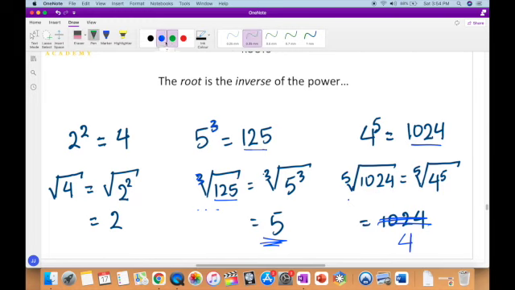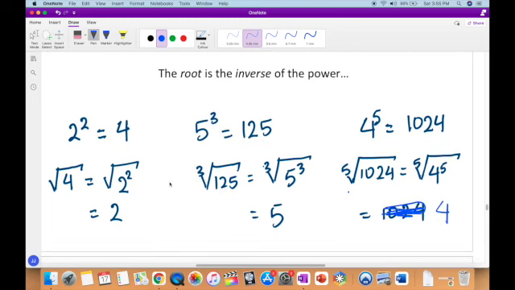Now remember, 1024 is 4 to the power of 5. So the 5th root of 1024 is really the 5th root of 4 to the power of 5. So you can see that the root and the power will cancel. Yeah? And well, the answer here should be 4, right? Sorry about that. Even though it might be simple stuff.